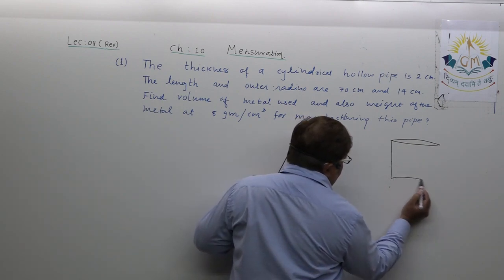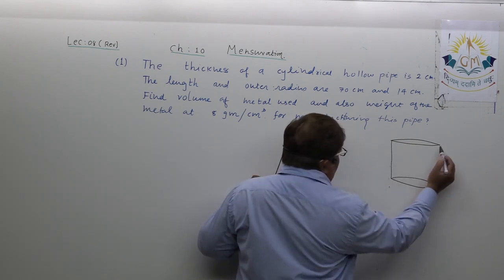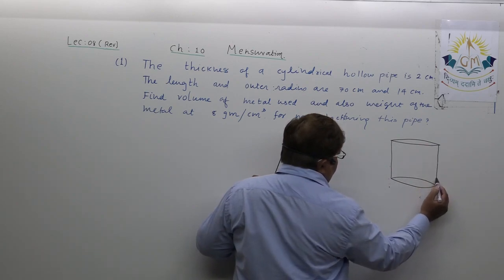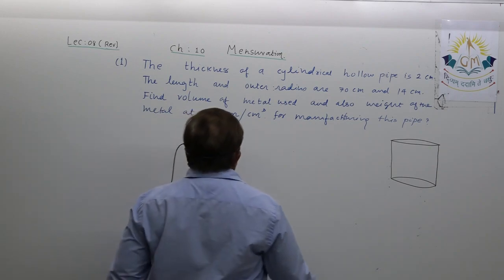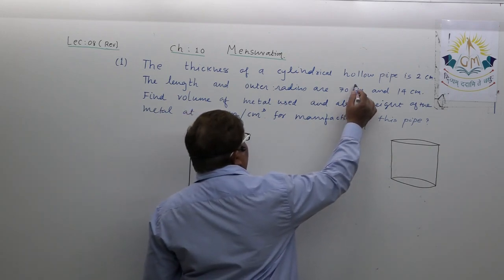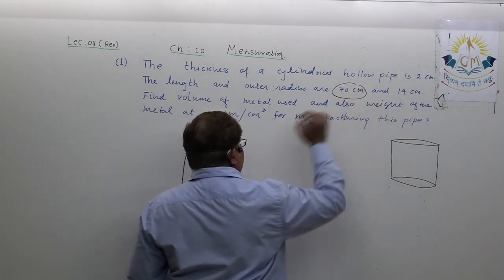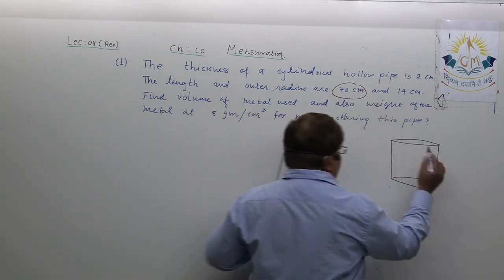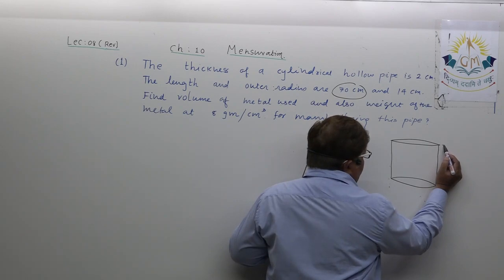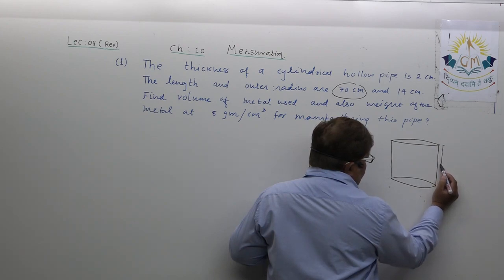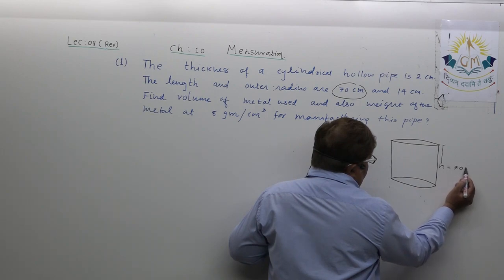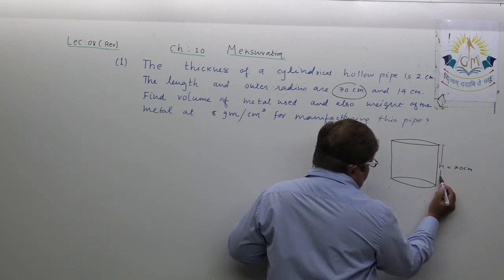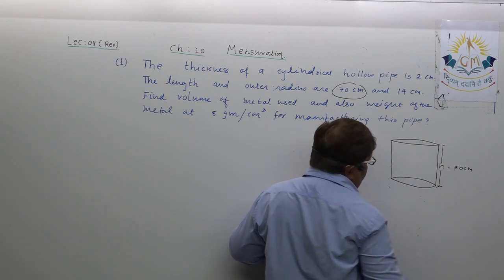What is its length? The length is already given, 70 centimeter. Length means you can understand the height of the pipe has been given, 70 centimeter.